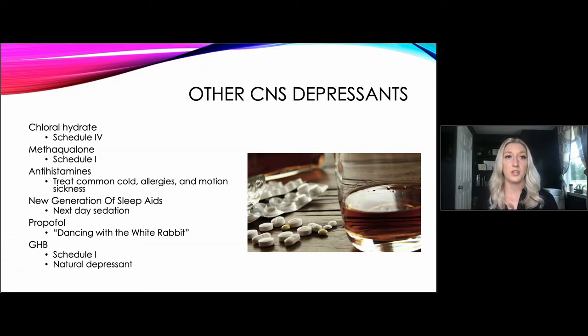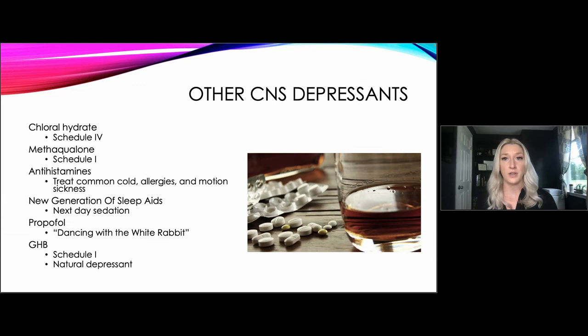And then finally, GHB. This is a Schedule I drug, but it's also a natural depressant. It's found naturally in the body, and it results from metabolism of the inhibitory neurotransmitter GABA. It was first synthesized and used in Europe as a treatment for insomnia and narcolepsy. It was then used for sedation, euphoria, and muscle-building properties.